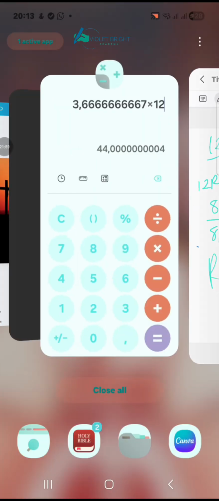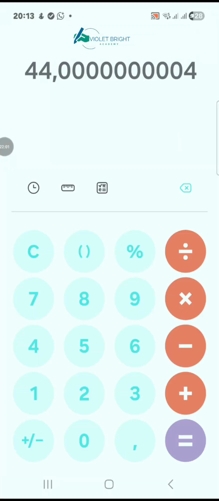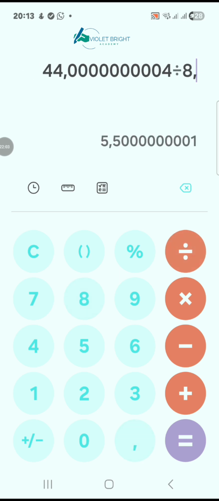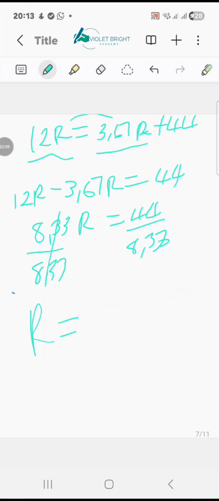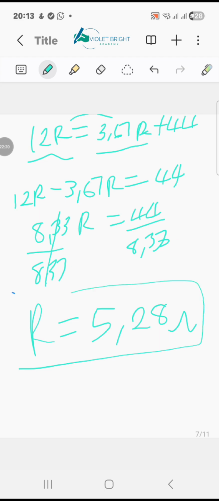So 44 divided by 8.33, the answer is 5.28. So this is how we find the value of the missing resistor that is unknown.